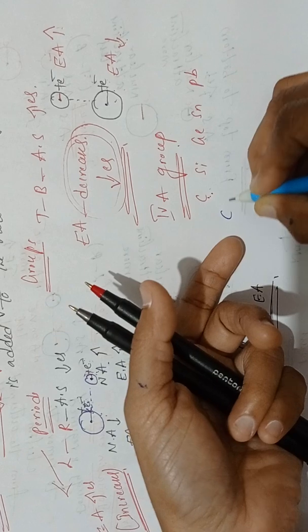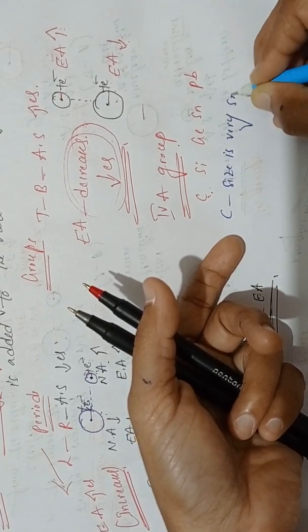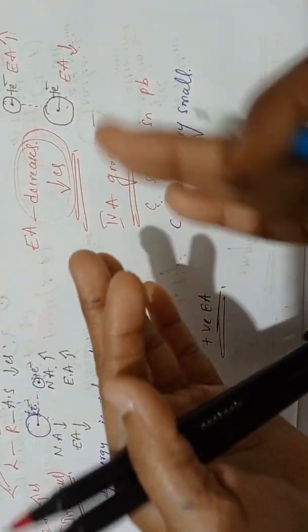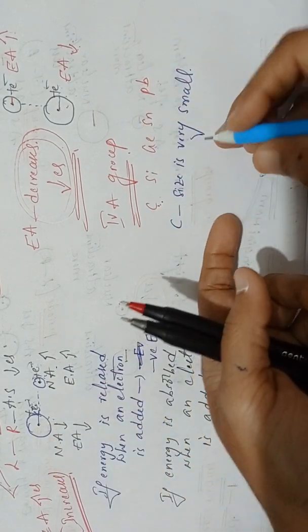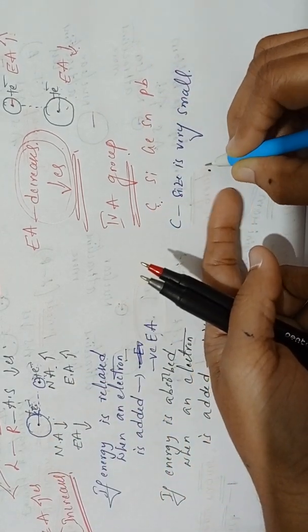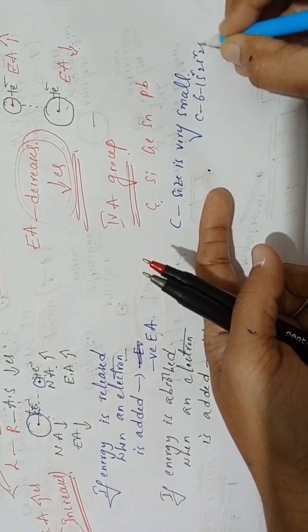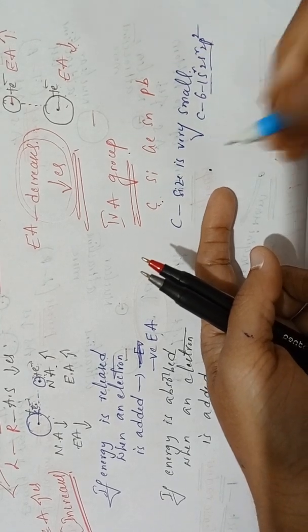Now see students, carbon size is very small. Whenever size is small, what is happening, students? See here, this atom's size is small. Carbon's atomic number is 6, 1s2, 2s2, 2p2. Correct? Electronic configuration, that means 2 shells are there.